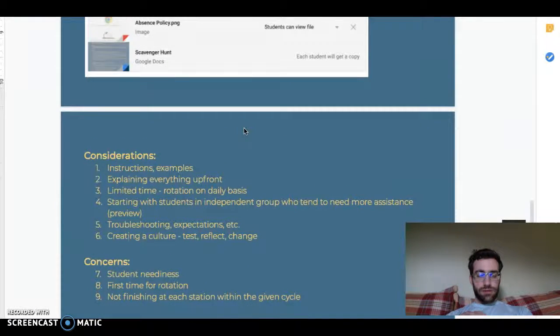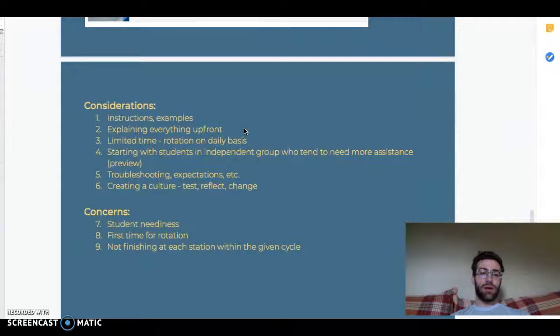Let's see, the considerations that I have, so things that we learned in this class, discussed in our blog post. In my instructions I include examples, explaining everything up front. I plan on doing this for my lesson, telling the students what to do, how to rotate.